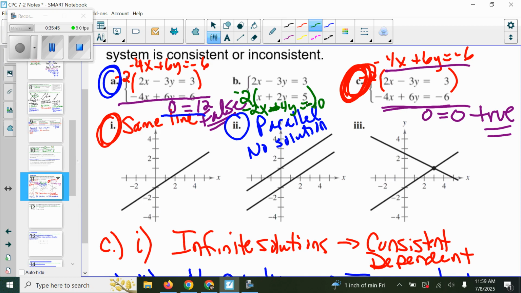Probably should have done that right away. When I add those two equations together, it looks like I get -7y equals 7. And then, or -7, pardon me, we get y equals, divide by -7, 1. We get a solution. We get a point.